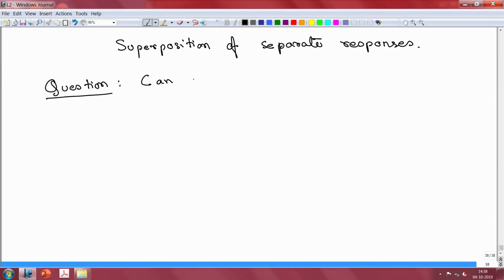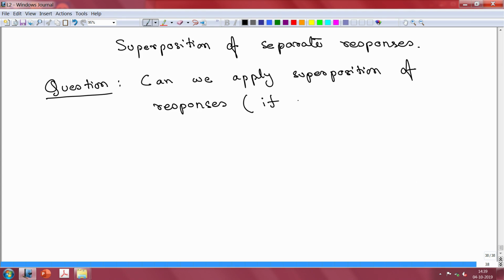So can we apply superposition of responses always, if the same input is applied in different ways?